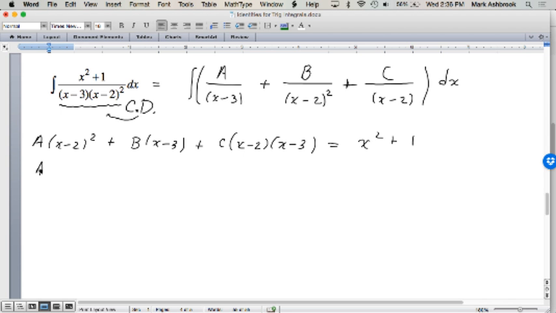I'm going to write it out fast. Ax squared minus 4xa plus 4. So I'm expanding x minus 2 squared, plus bx minus 3b, plus cx squared.